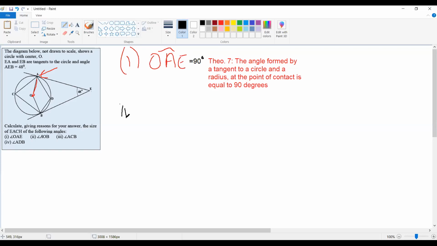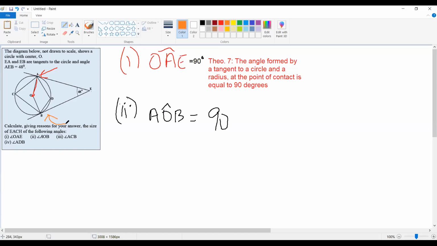Okay, the second part. Angle AOB. How do you find angle AOB? Well, it's simple. It's just 90 degrees, which we just found up there, plus another 90 degrees. Where do I get another 90 degrees from?